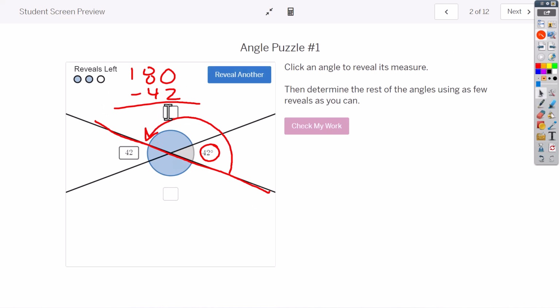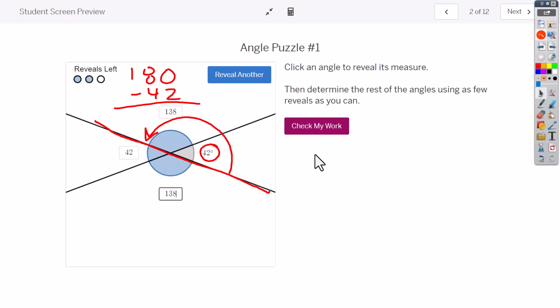So 180 minus 42 is going to be 138. And if that one's 138, then the other one's 138 as well, because these two are vertical angles.